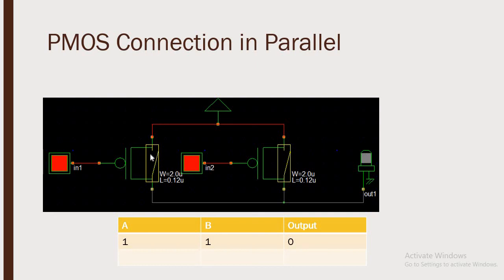This PMOS is open circuited and the second is also open circuited. So what we see here is that there is no path for this voltage to go to the output. So in this case our output will be 0.